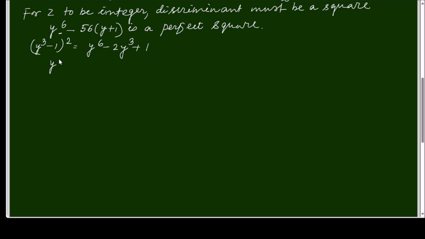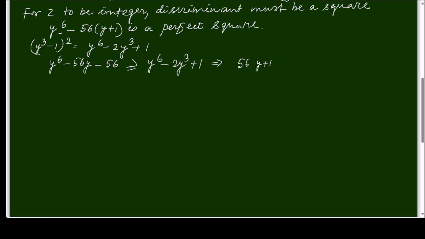So y^6 - 56y - 56 must be greater than or equal to y^6 - 2y^3 + 1. Or rather I write the modulus, because it may be positive, it may be negative.